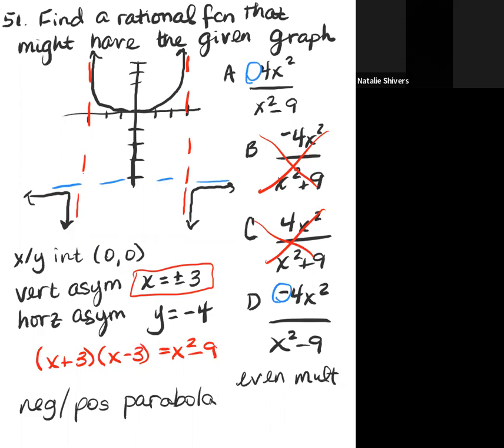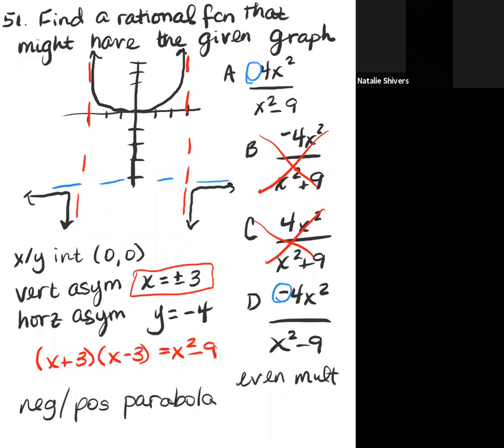So I'm going to double check on my calculator, to triple check for you rather than give you the wrong answer. 4x squared divided by x squared minus 9. Yeah, okay. So what happens when we get the positive 4x squared?